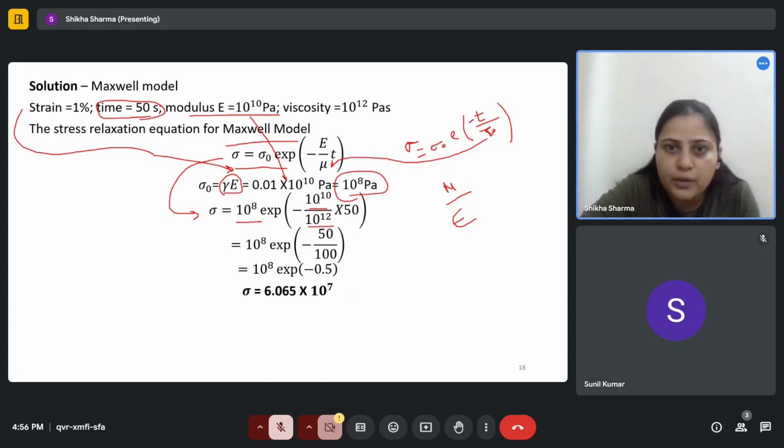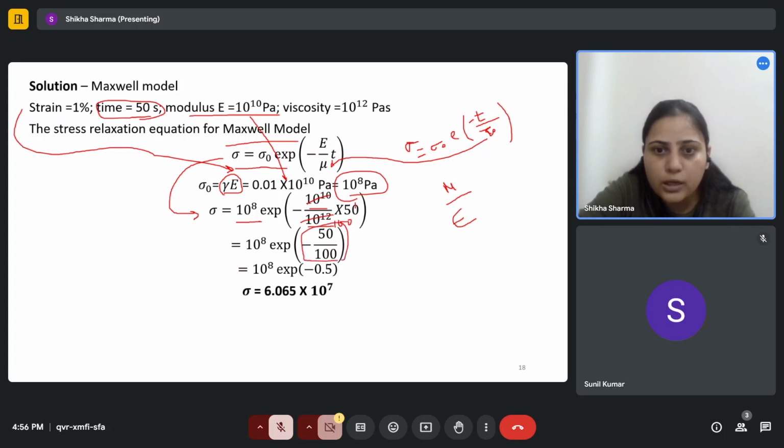The 10 to the power 10 in the exponent is cancelled, and here it will be just 100 at the denominator, so 50 by 100 in the exponential, which we can write as minus 0.5.